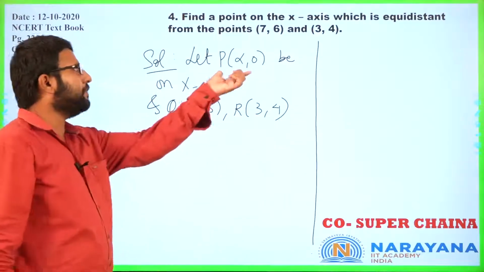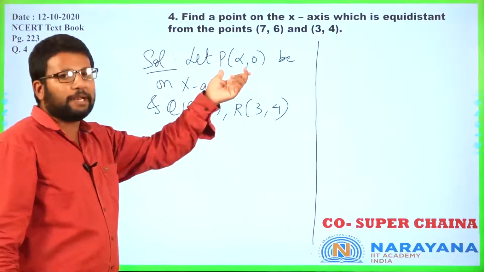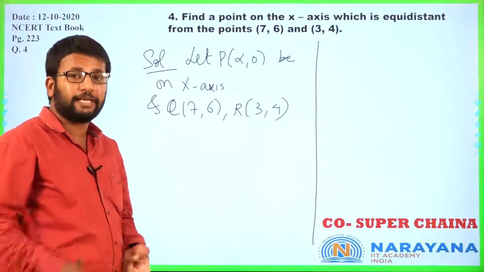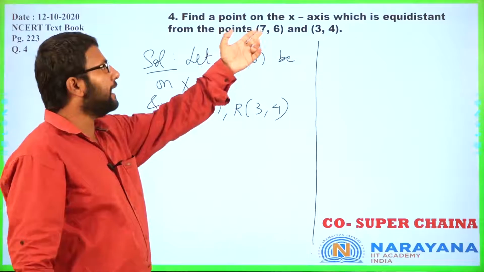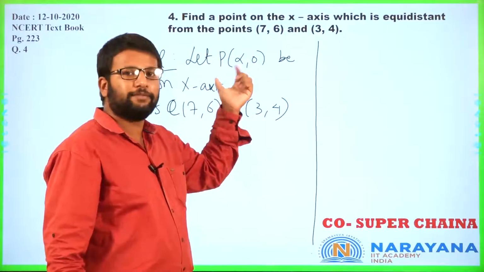Understand that this is very important. Many students make a mistake here. They will take P as alpha, beta, and then because there are two unknowns, they will think, I need two equations for two unknowns. But the x-axis itself contains some information, and we should be able to use that information.